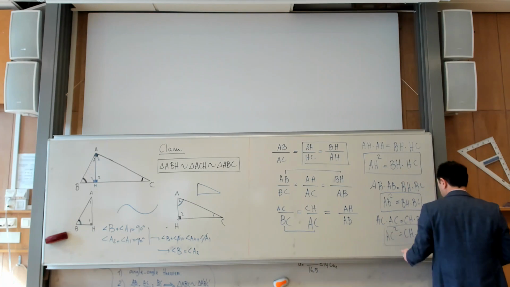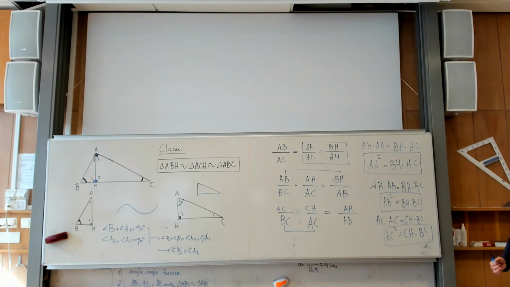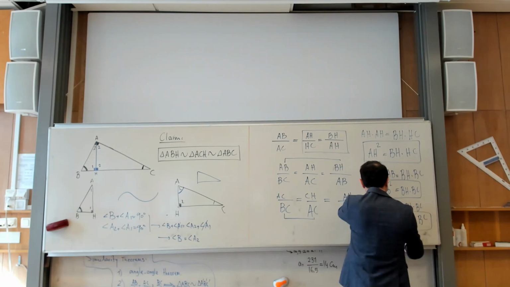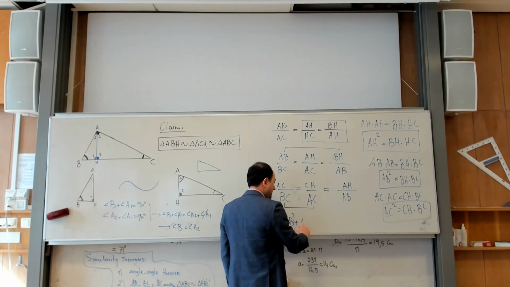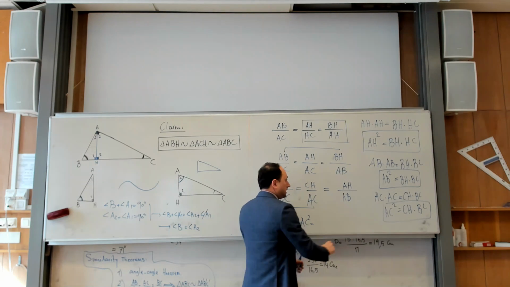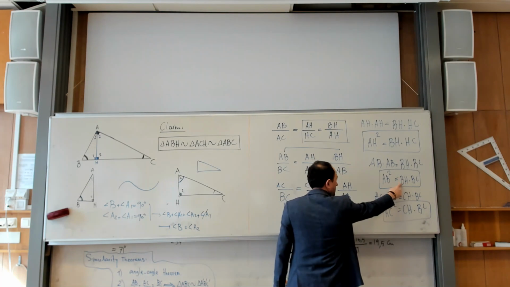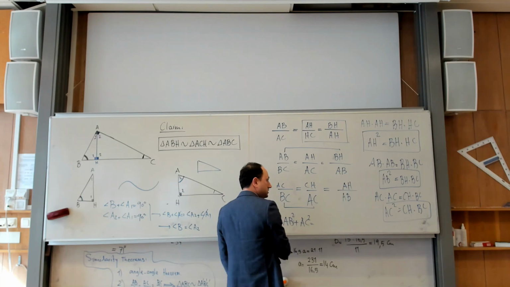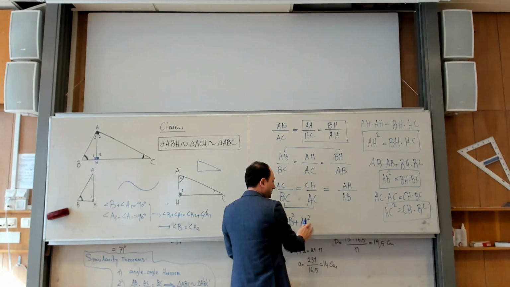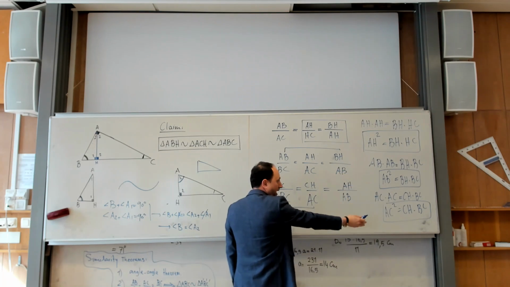Let us add these two to see what happens. Yes, just to explore. So what I do, I would say that AB squared plus AC squared is equal to. I was able to show that this is true. I was able to show that this is true. So I add the left-hand sides. Then, if I want to respect the equality, I have to also add the right-hand sides.